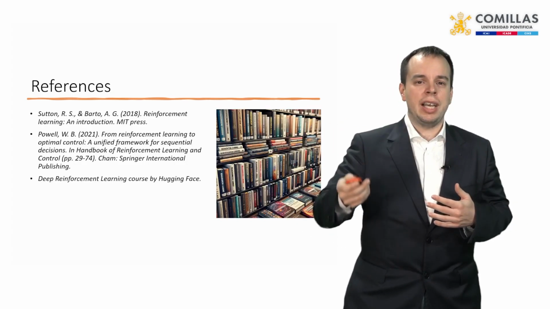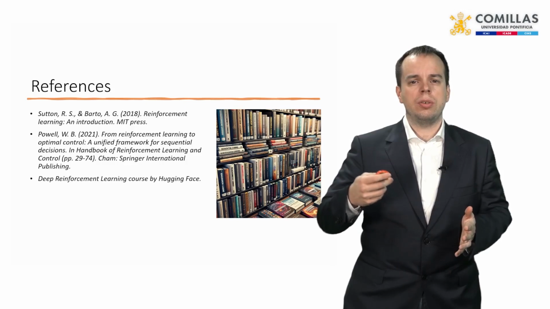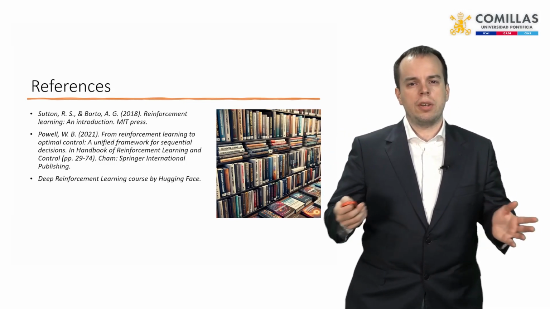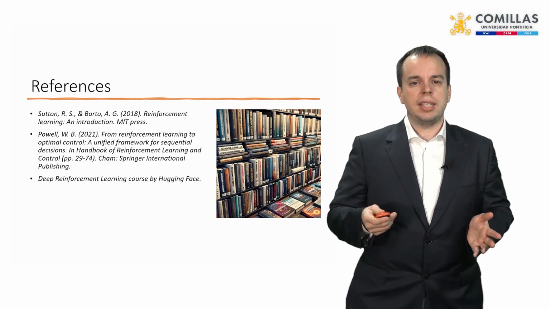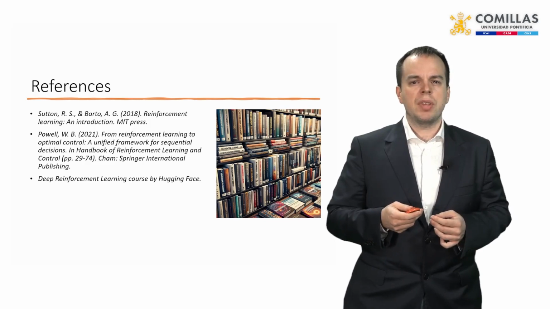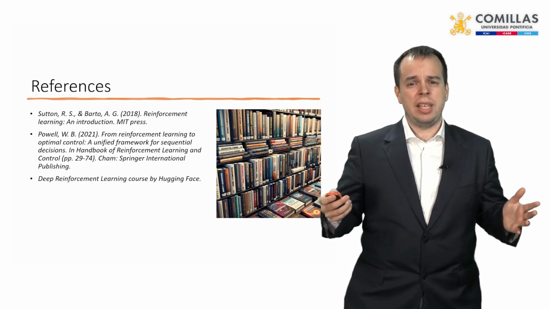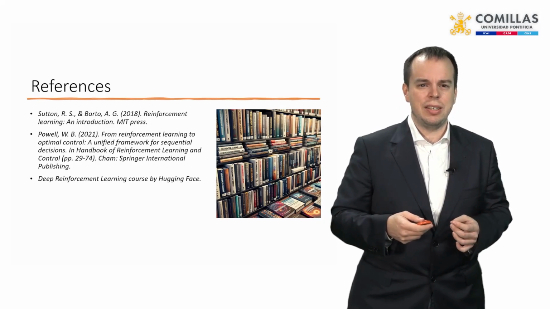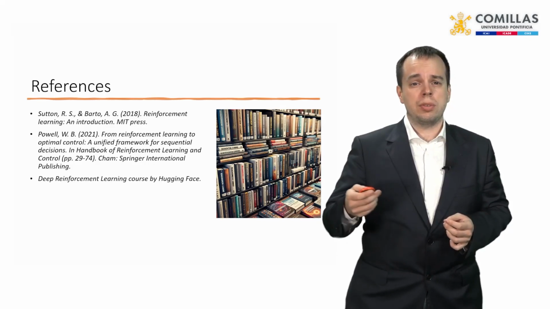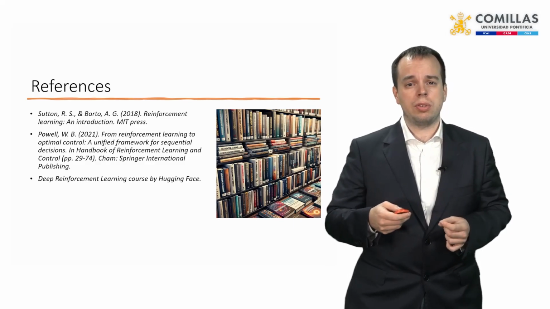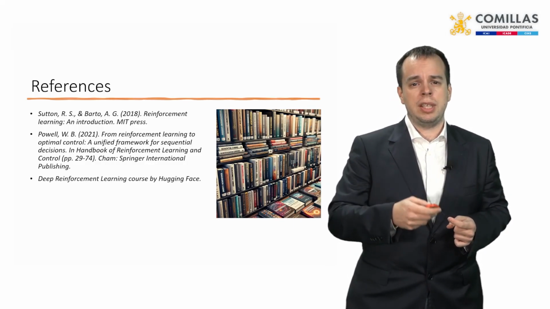Finally, I would again like to recommend some resources where you can learn about reinforcement learning. First one, the seminal book Reinforcement Learning: An Introduction by Sutton and Barto, published in 2018 by MIT Press. This book is a fundamental text in the field, providing theoretical underpinnings and practical insights. Next, the famous Powell 2021 work From Reinforcement Learning to Optimal Control: A Unified Framework for Sequential Decisions.